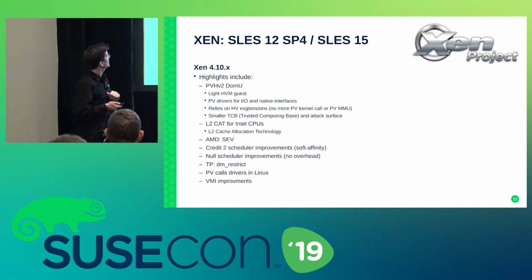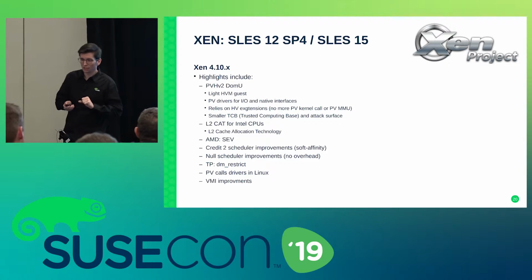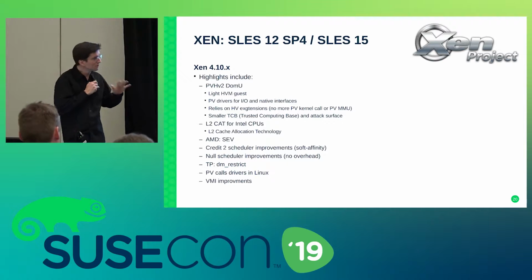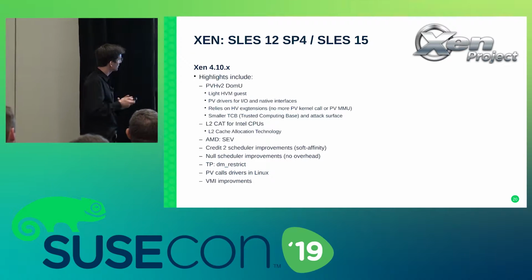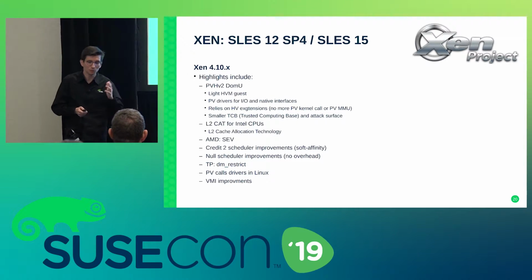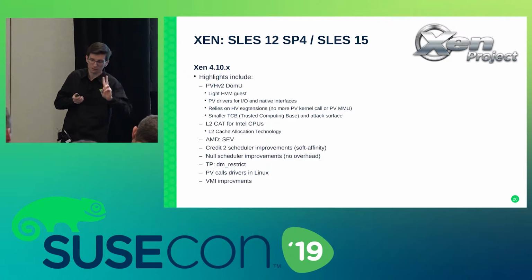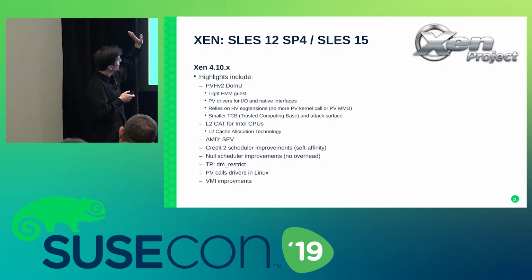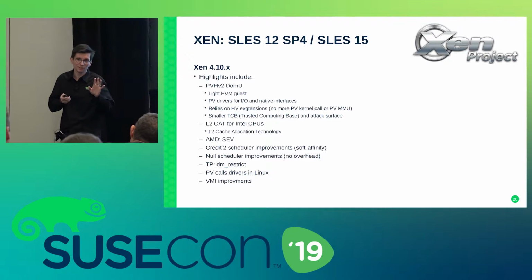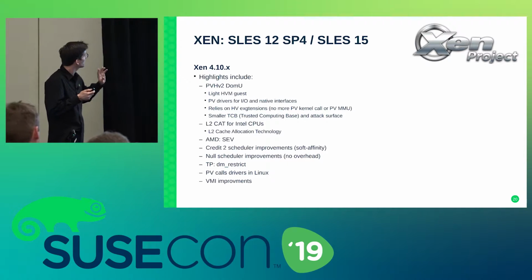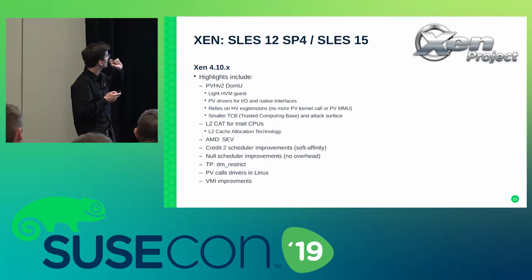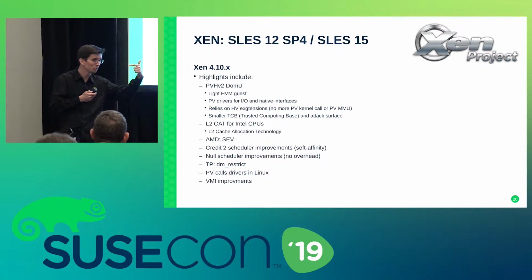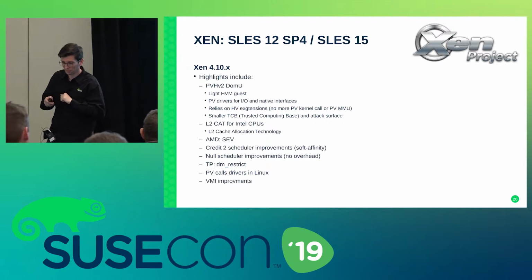And they have created what they call PVH v2, which is another kind of para-virtualized guest. So you have two kinds of VMs you can run: full virtualization, where you emulate everything, and PV guest, which is para-virtualization, which needs a modification of the OS to be able to run on top of the hypervisor.